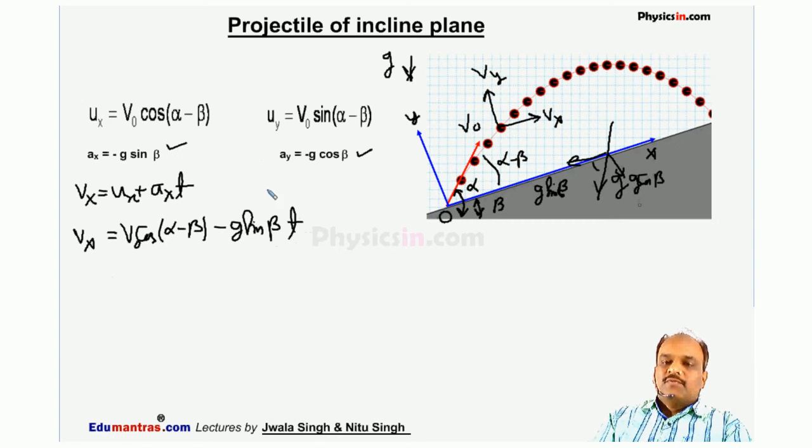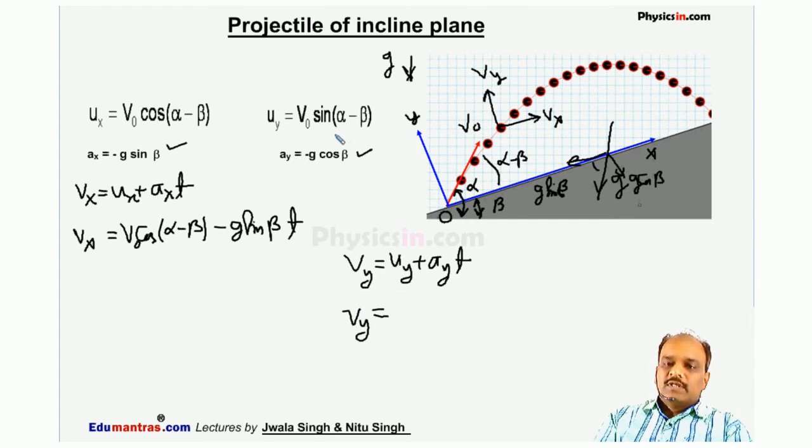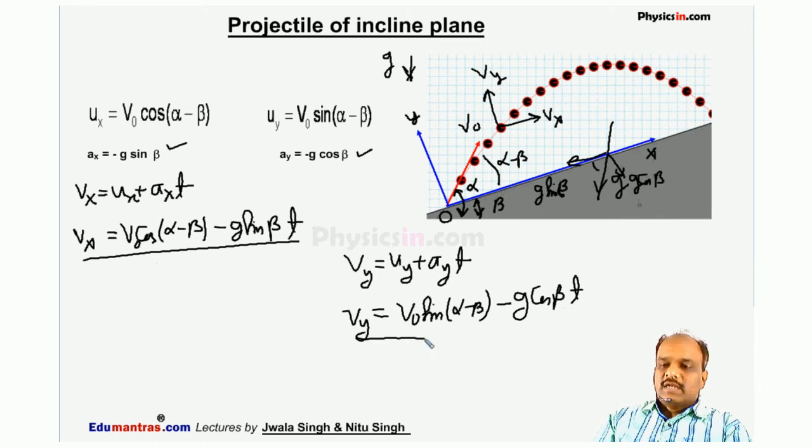In the same way, Vy equals Uy plus ay into t. Uy is v naught sin (alpha minus beta), and ay is minus g cos beta, times t. This is the velocity along the x-axis and this is the velocity along the y-axis at any time t. This Vx is along the inclined plane, and Vy is perpendicular to the inclined plane.